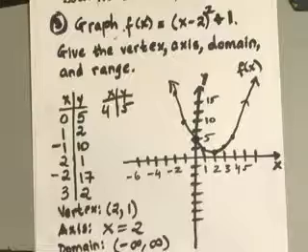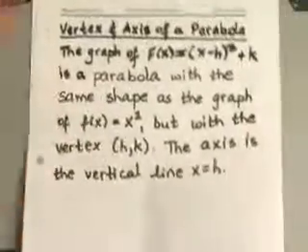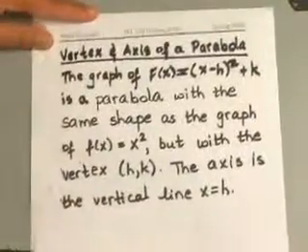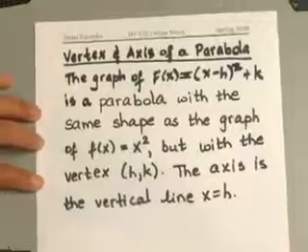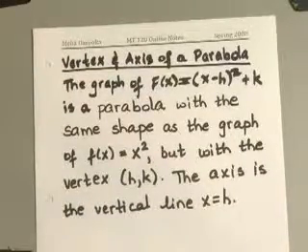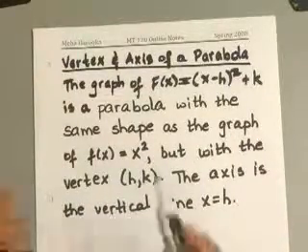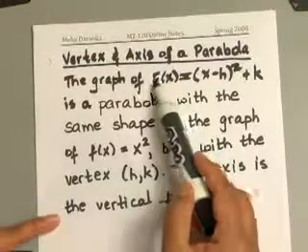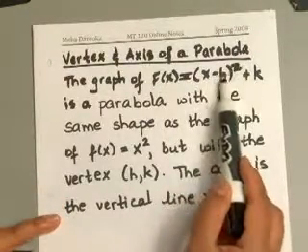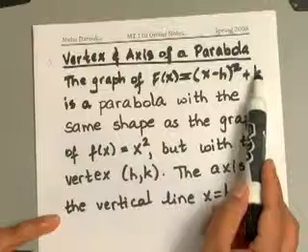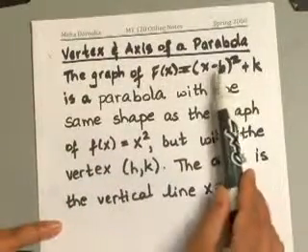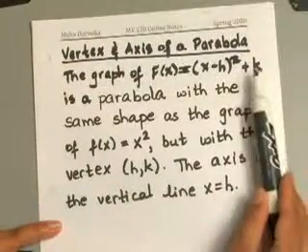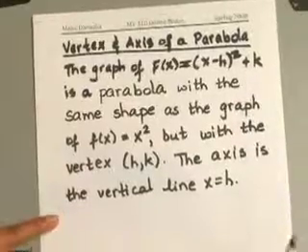So just to put it all together, anytime you have horizontal and vertical shifts in the same graph, your default function definition will be f of x equals x minus h quantity squared plus k, where the h represents the horizontal shift, the k represents the vertical shift.